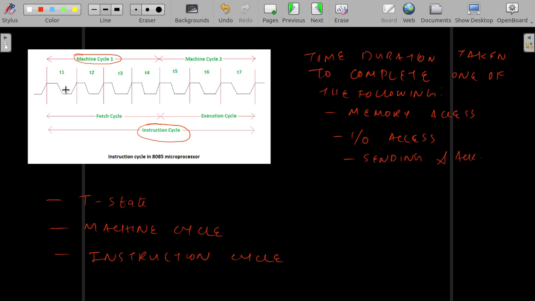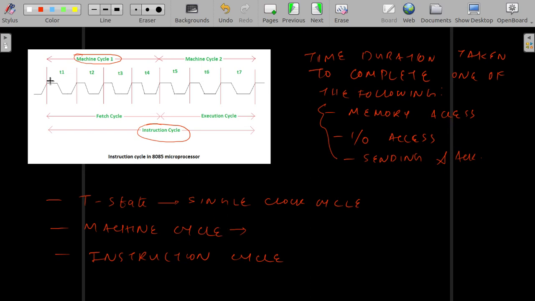So these T1, T2 etc. are called T states. That is a single clock cycle. A single clock cycle of a processor is called a T state, and a machine cycle is the time taken to execute one of these, memory access, input output, and some other purposes or functions.